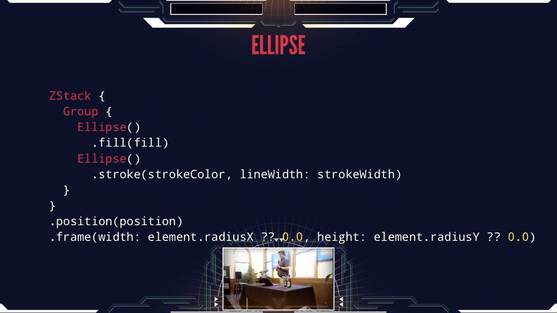Ellipse, very much the same, but in this particular case, we have multiple radii that we need to draw from, and we're then translating it and setting its size accordingly.